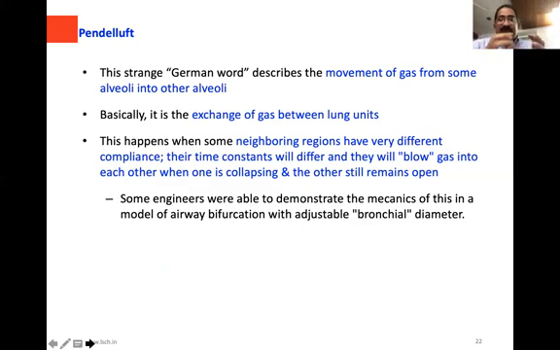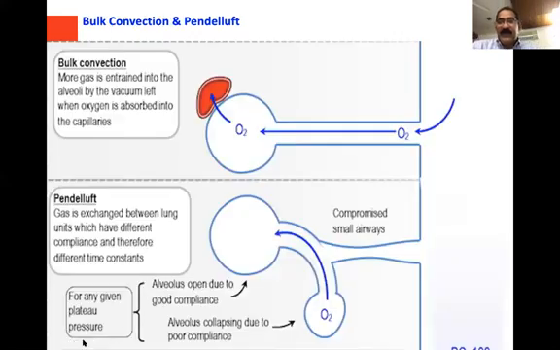You have some alveoli which are nicely aerated and opened up, no atelectasis, and then you have alveoli which are partially atelectatic. So here the gas is exchanged between lung units which have different compliance and therefore different time constants. So this is one method. Next slide, please.